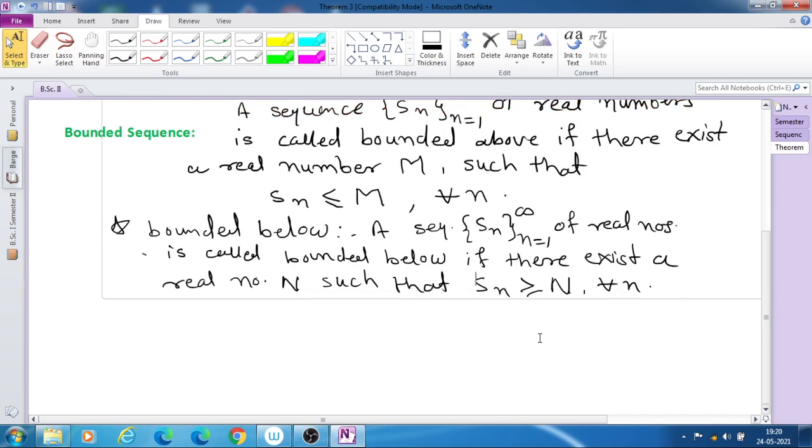And now from these two definitions we have the bounded sequence.